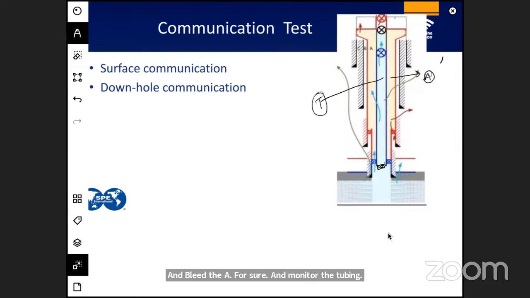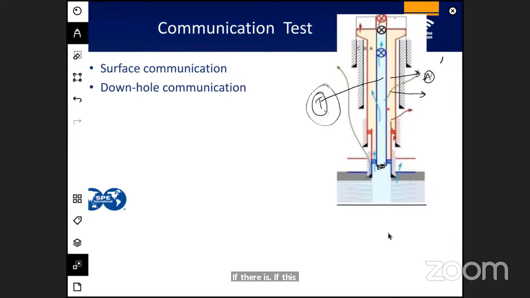We monitor the tubing pressure and see whether, when we are bleeding this A annulus, there is a change in the tubing pressure or not. If there is a change, that means there is a hole anywhere in the tubing. There is a communication from the tubing failure, this barrier.